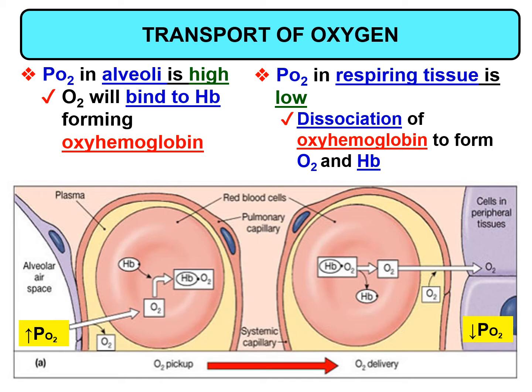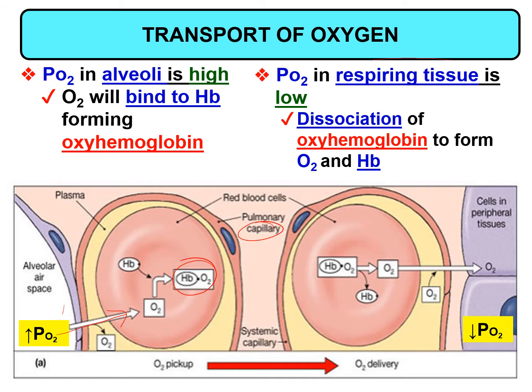In the lung, in the alveoli, because the alveoli are surrounded by blood capillary, the red blood cell in the blood capillary, this is the alveolar space. So oxygen will diffuse from alveoli into the erythrocyte, forming oxyhemoglobin.